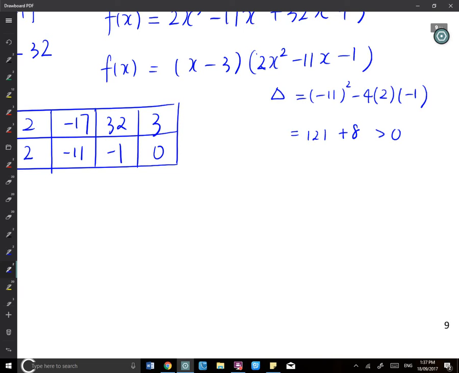Who can factorize that for me? If you can't, just please stop talking. If you can, please come up to do it. Okay, so what method can we use to factorize? There are multiple methods. Completing the square? Okay, this one looks like completing the square because there seem to be no better ways. Cross multiplication can be one way as well, but a 2 and a 1 can't make 11, so cross multiplication can't work.